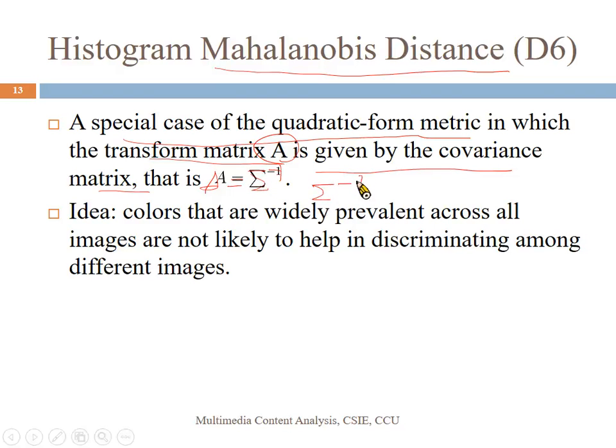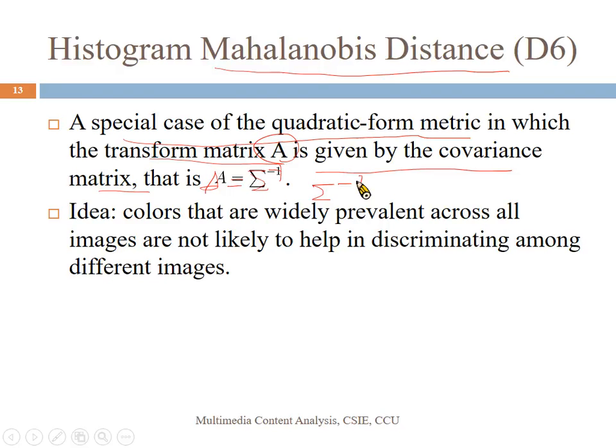And this symbol is often used to represent the covariance matrix. So this is a special case of quadratic form. In quadratic form, the matrix A is simply the similarity matrix between different bins, and here the matrix A is the covariance value between different bins, different colors.